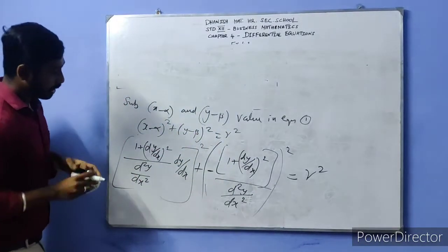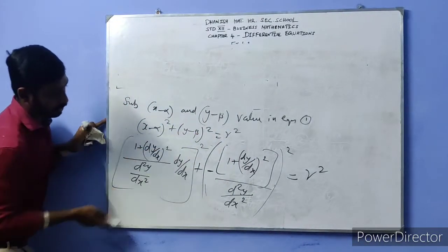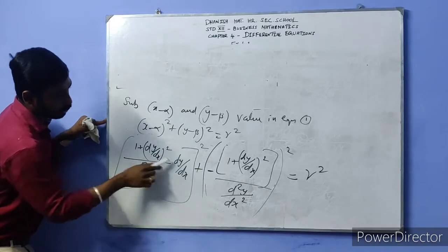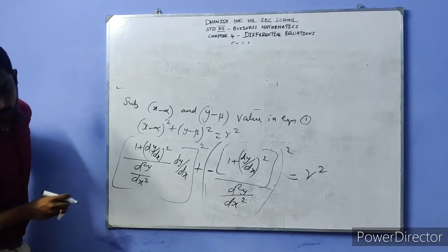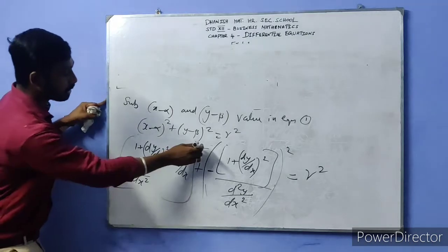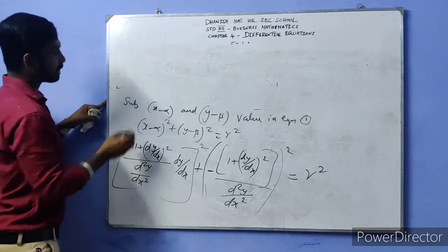Listen here, we are taking the square into the equation, so now the square comes in and you have to write it like this.